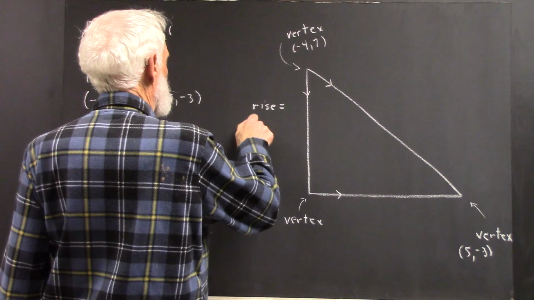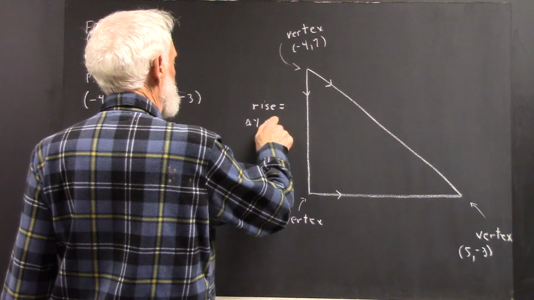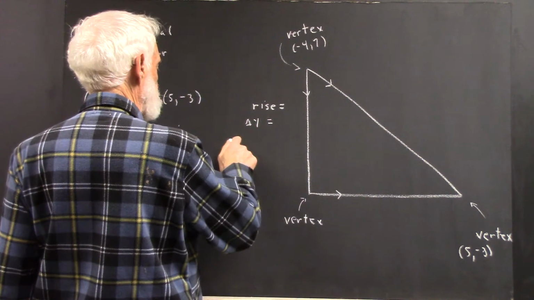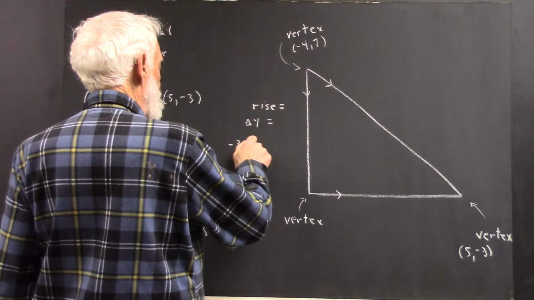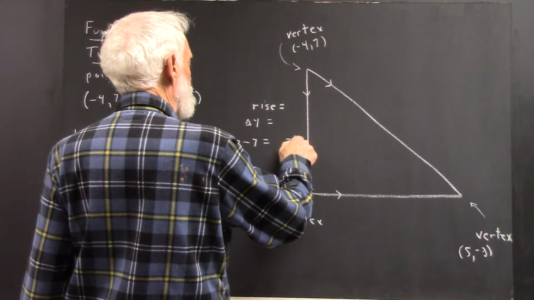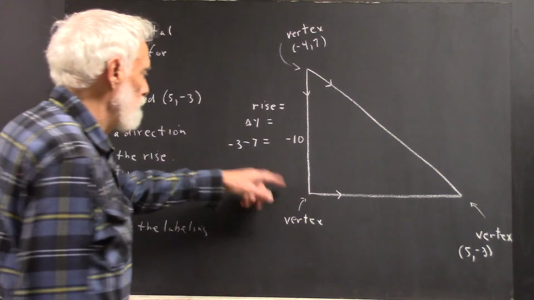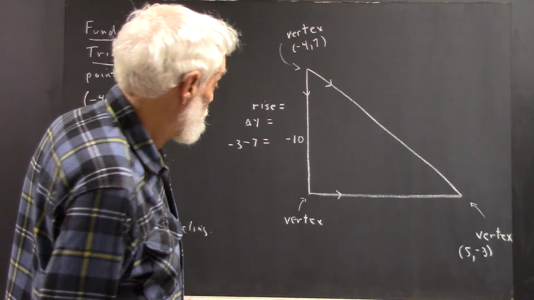Now I'm going to write out rise equals change in y equals the later value of y, which is -3, minus 7, which is -10. I put the -10 right next to the vertical leg.